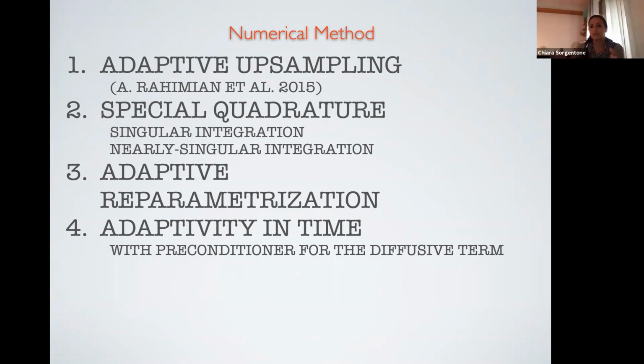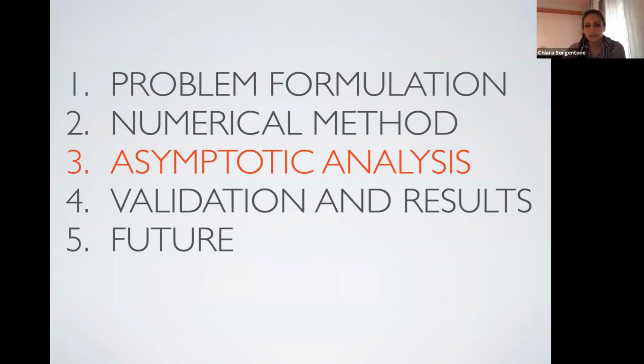So what we do is that we keep P very low for the whole simulation, and we set only the parameters of the nearly singular integration. We push only where we need to push. So in this sense, the code is adaptive. And of course, I also talk about the reparametrization and the adaptivity in time.